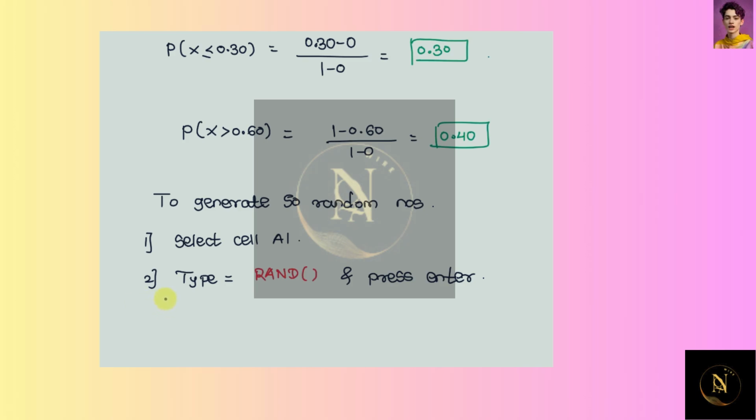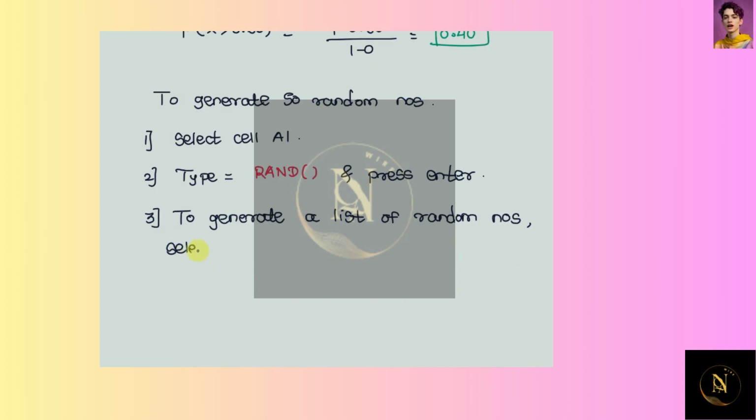Then in the third step, to generate a list of random numbers, select cell A1, click on the lower right corner of the cell A1 and drag it down.